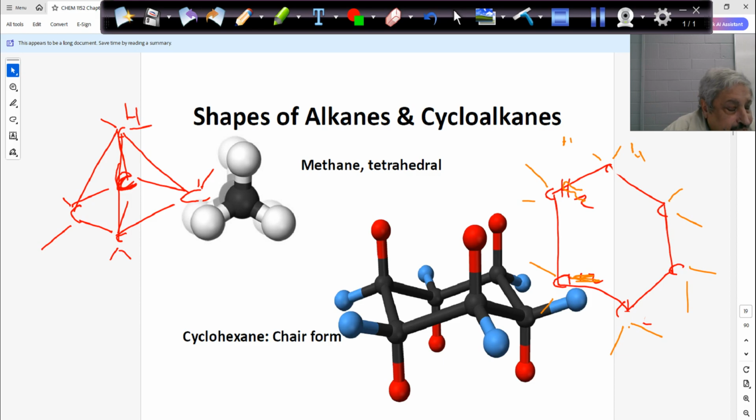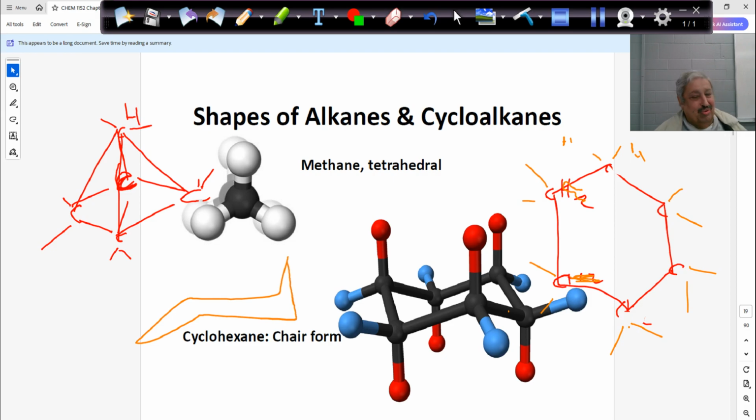The unique thing about cyclohexane is that it looks similar to a sofa, you know. It's not really a chair per se. It looks like a sofa because it's expanded through the molecule, and you can see it looks like this.